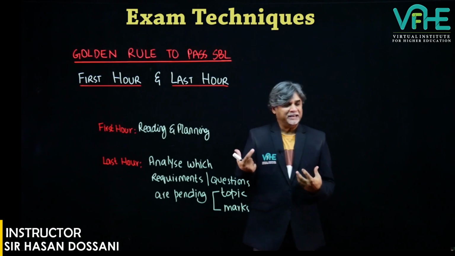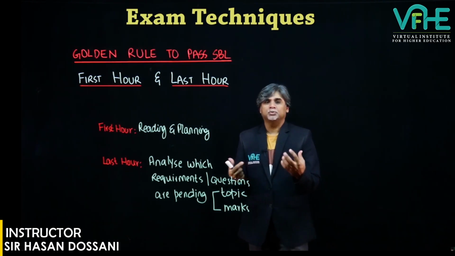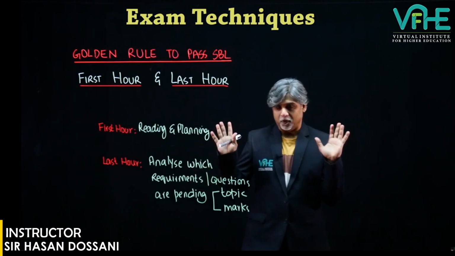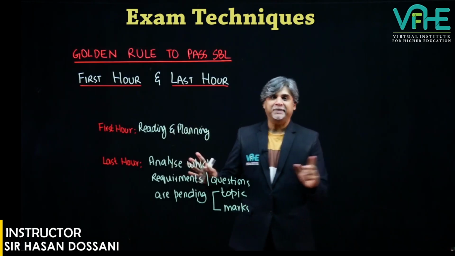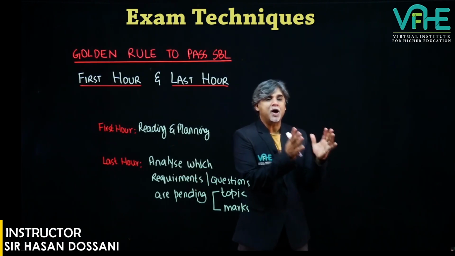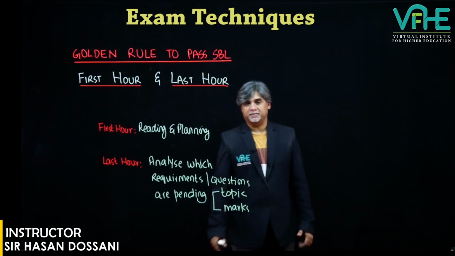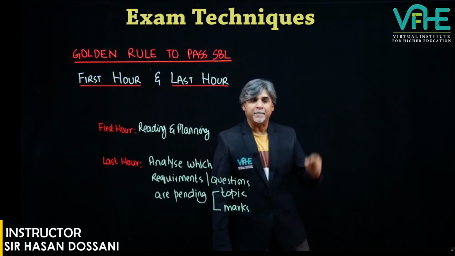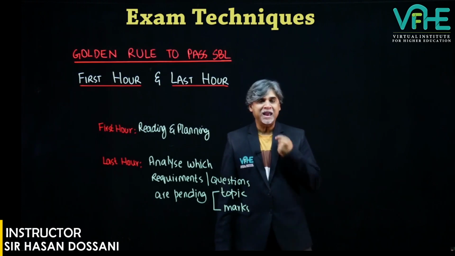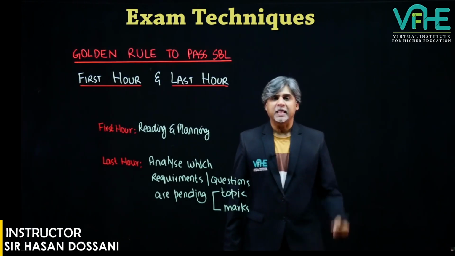However, the examiner is a bit sensitive and expects you to follow a sequence. All good, but only up to the first 3 hours. In the last 1 hour, I don't care about the sequence. I will pick up the requirement where I think I will score the most because I have to pass.